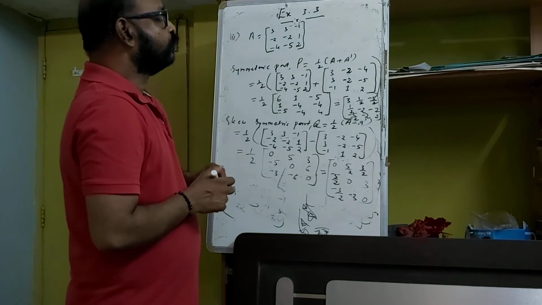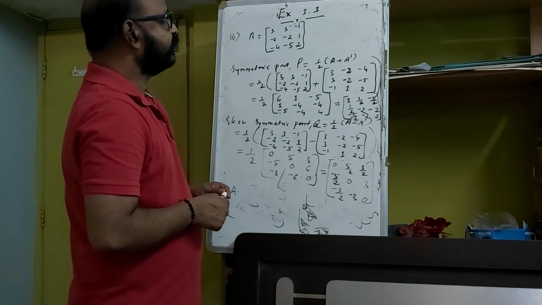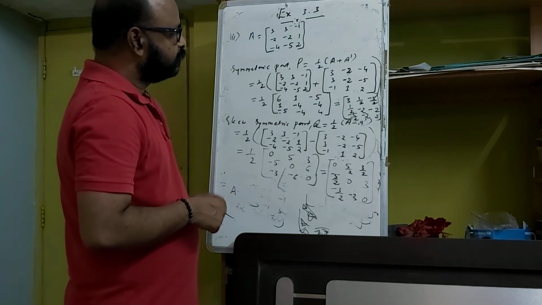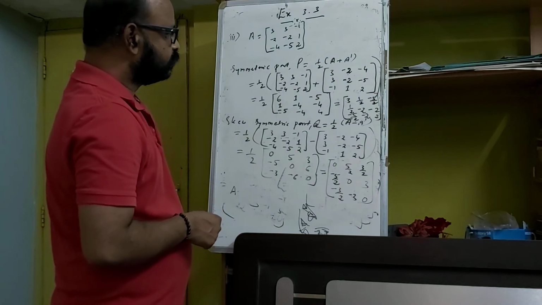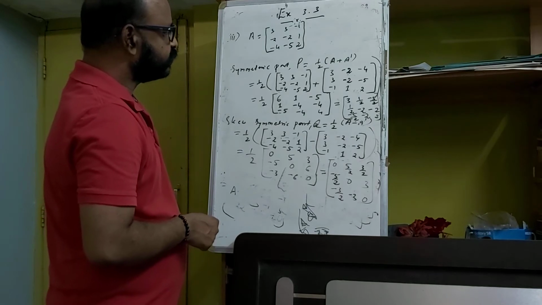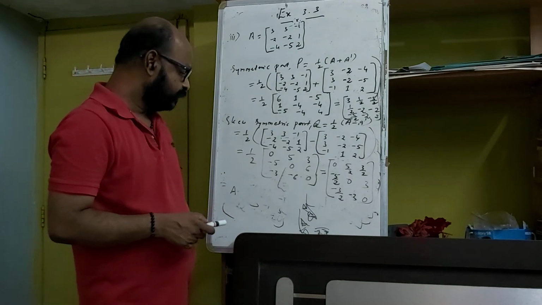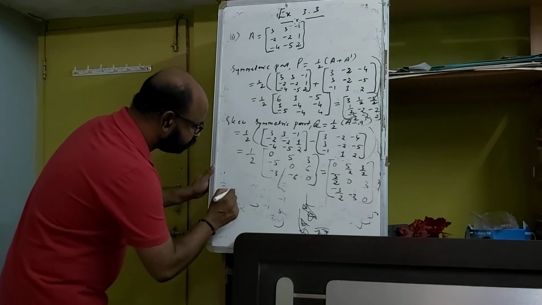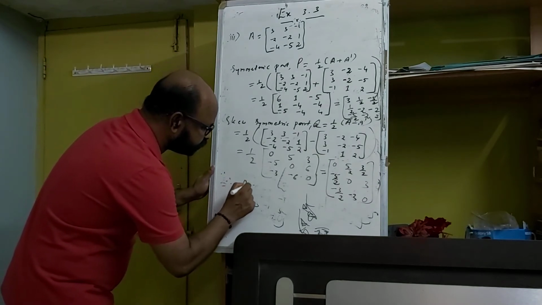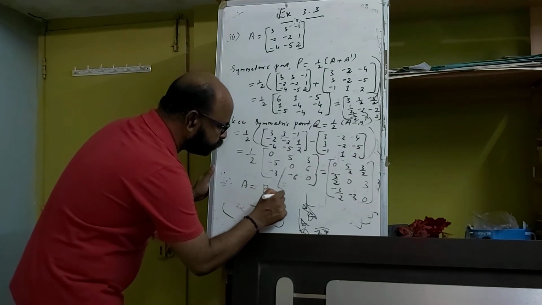Okay, so 3, 1 by 2, minus 5 by 2, 1 by 2, minus 2, minus 2, okay, minus 5 by 2, minus 2. Okay, so thereafter we can say what will come. Therefore A is equal to P plus Q.